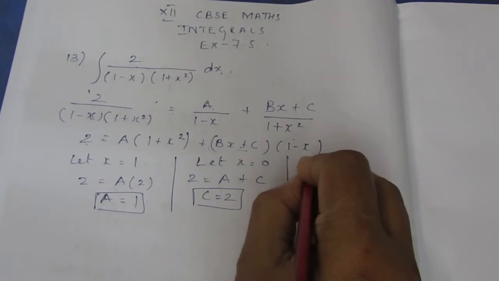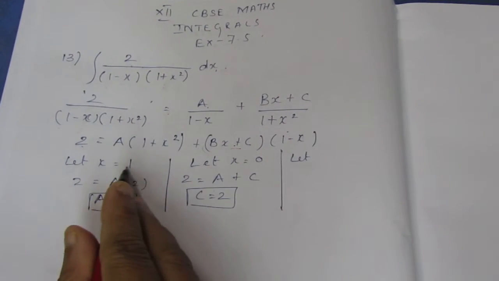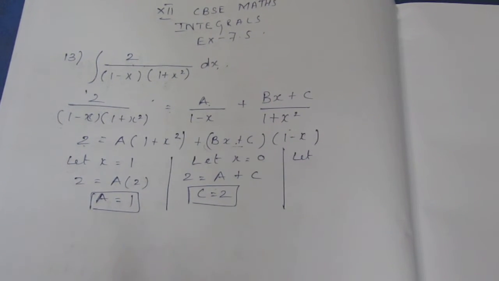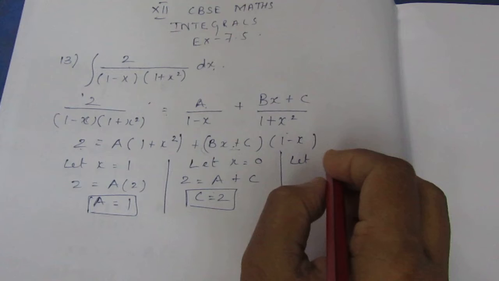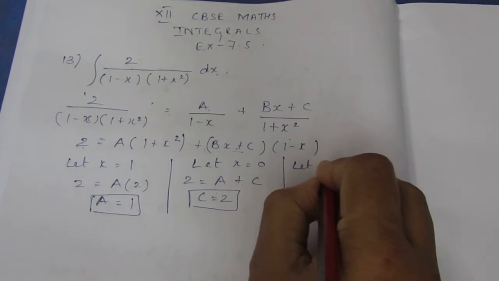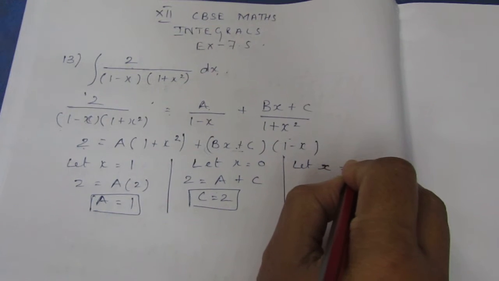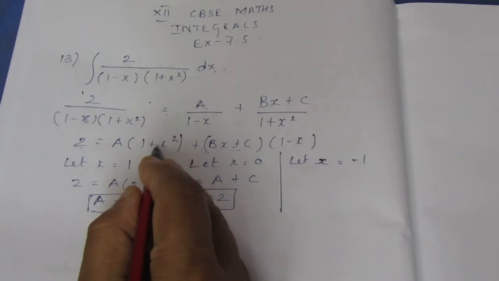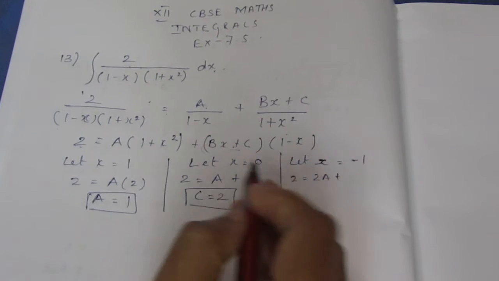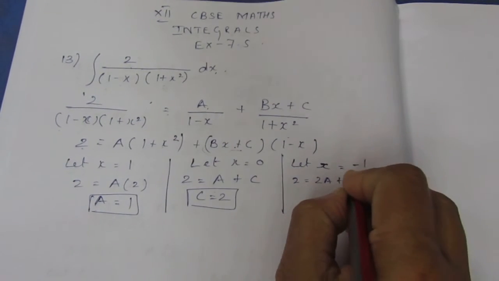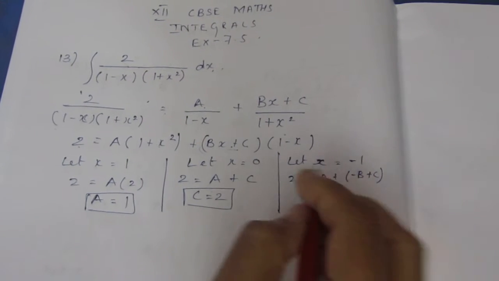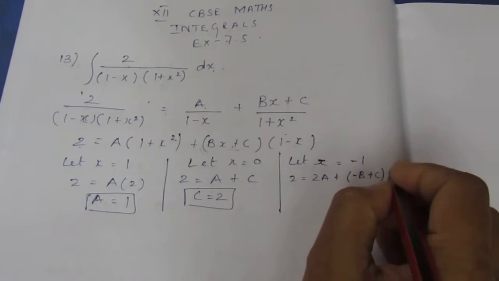And here let x be any other number other than 1 and 0, because here we have a multiplied form. So let me take x is equal to minus 1 to find b. If it is minus 1, here it becomes 2 is equal to 2a plus, for minus 1 it becomes minus b plus c, and here 1 minus x becomes 2.